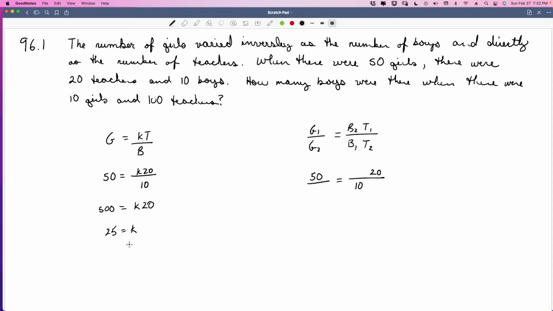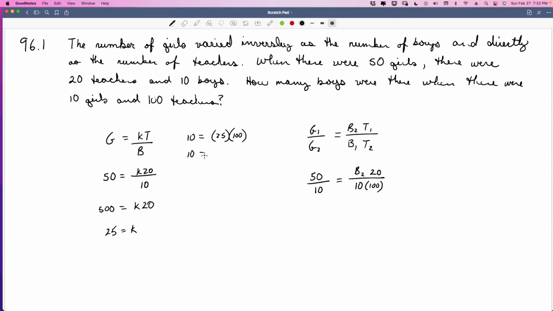All right, then how many boys were there when there were 10 girls? So 10 is our G2 number, and 100 teachers is our T2 number. We need to find the final number for the boys. In this instance, we're going to rewrite this formula and put in the new information. So there's 10 girls, a constant of 25, and 100 teachers.